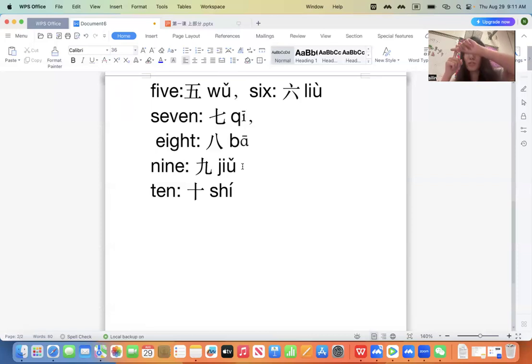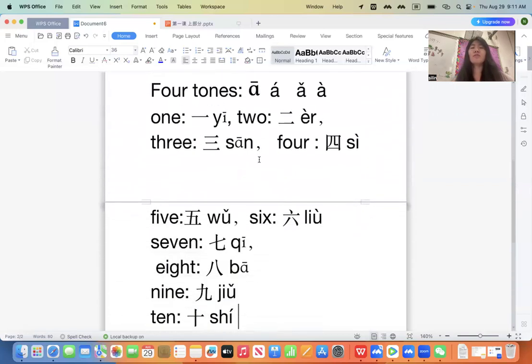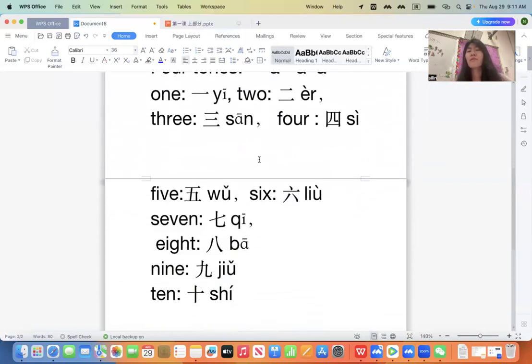Oh, this way, 10 across. Okay. So in Chinese numbers, we also have some meanings.